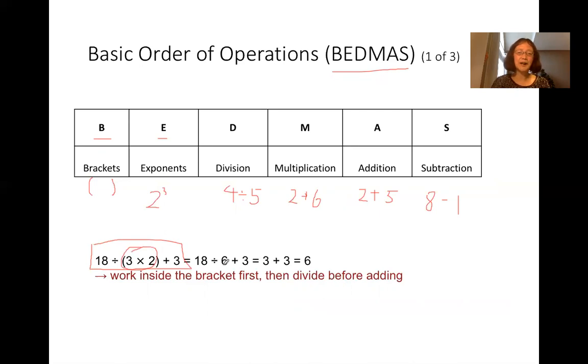We copy down the other items. The result of the bracket is 6. And now we do the division. So we do 18 divided by 6. The result is 3, and we copy this number here. And finally, we do the addition.